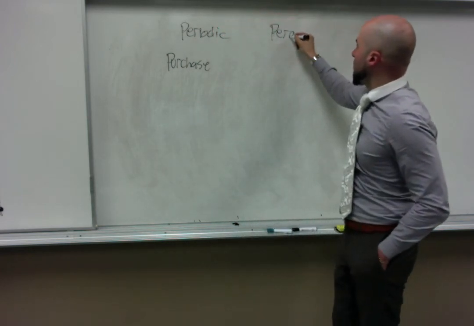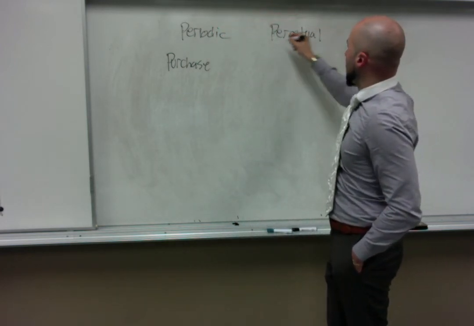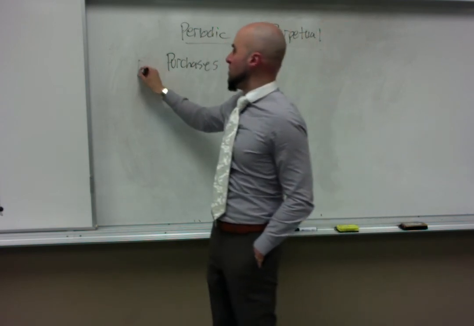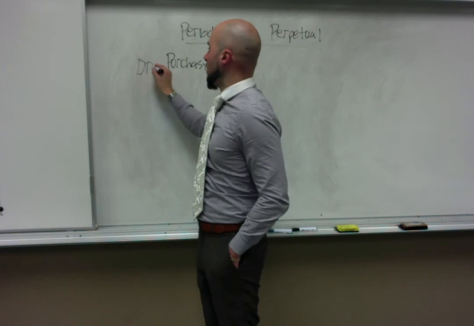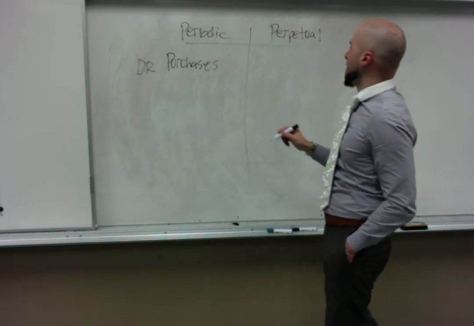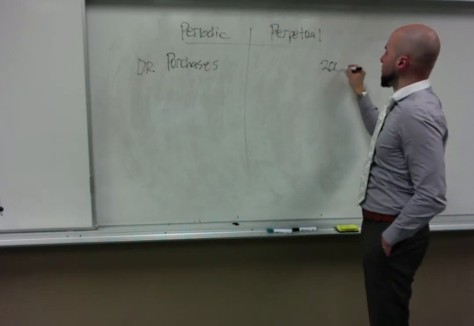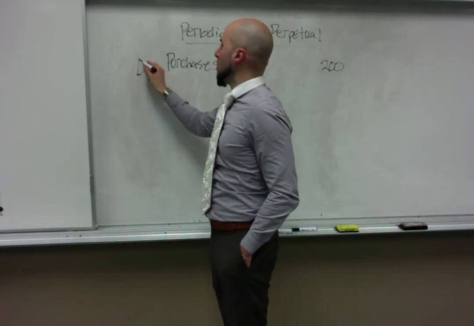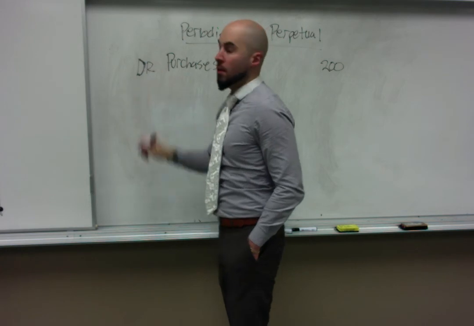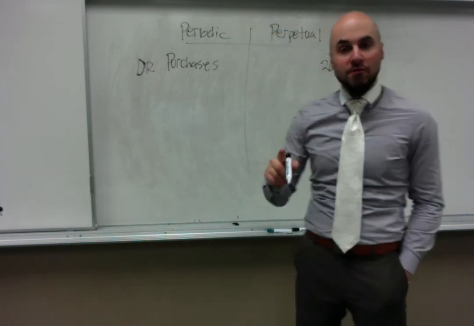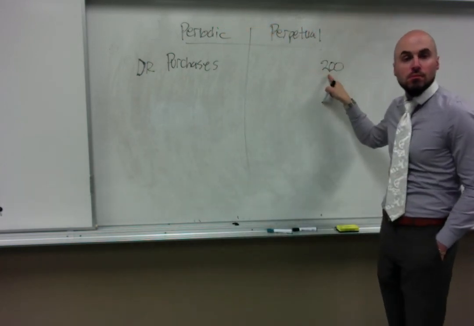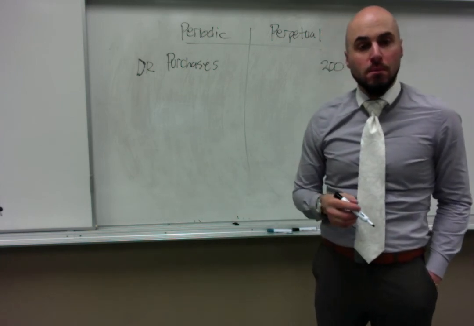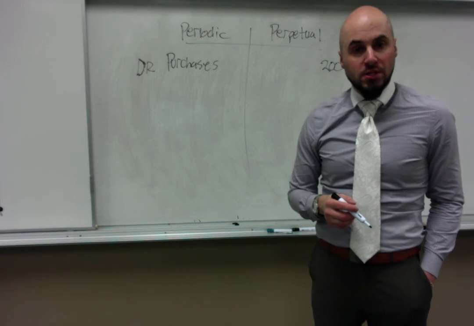Periodic, perpetual. Okay. Purchases, debit, DR, for 200. But there's that 13% tax we have to pay on the purchases. What's 13% of 200? 26.